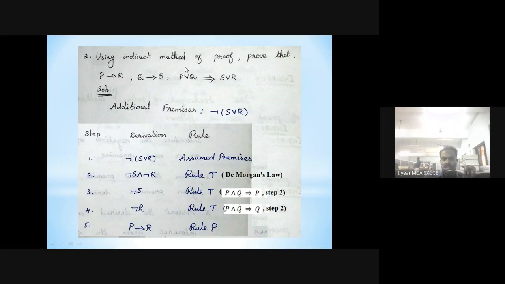Next, second problem, using the indirect method of proof. This problem is also based on the indirect method of proof.